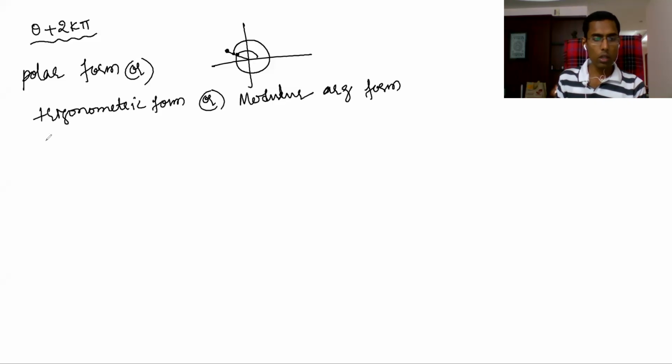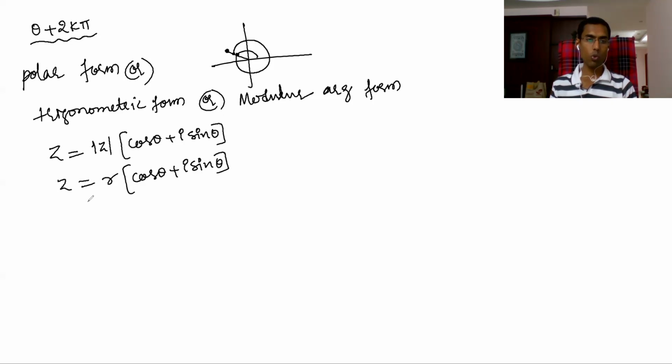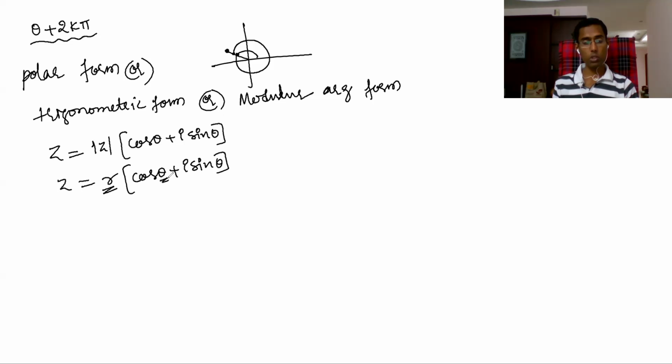So here z equals r, the modulus, times cos theta plus i sin theta. Understand? So we write z equals r into cos theta plus i sin theta. It is always possible to express z in this form. What does it mean? This is the modulus and this is the argument.